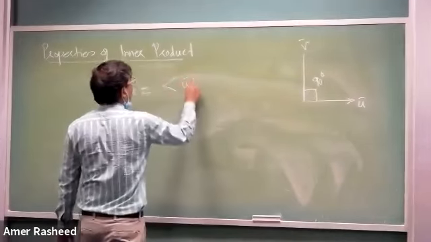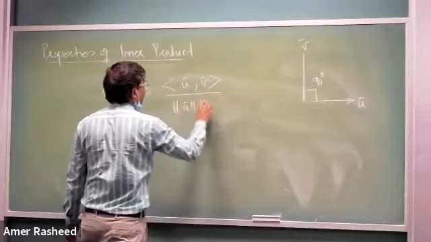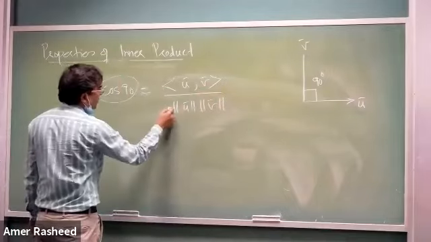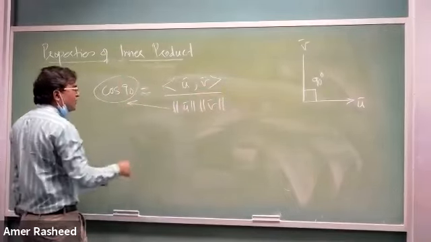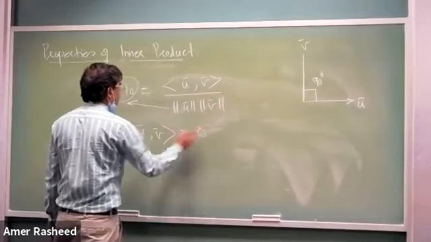We have u inner product v divided by norm u and norm v. If this is 0, then the denominator goes to the other side and again makes it 0. So what do we obtain? u inner product v is 0.